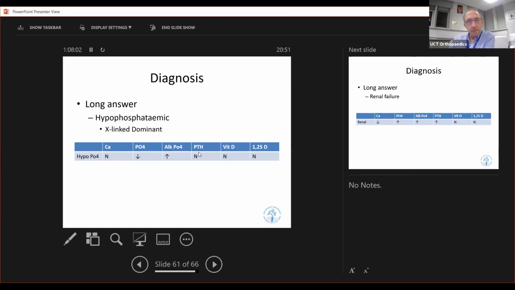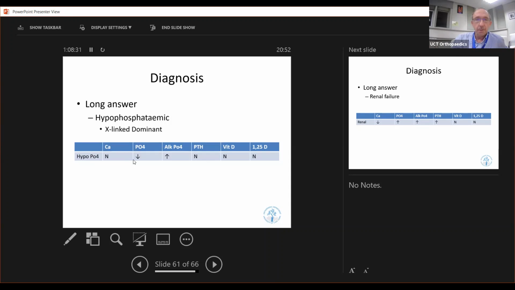And this one's quite nice because in hypophosphatemic rickets, there's no phosphate. You can't form your bone salts with calcium. Your calcium itself is going to be normal. There's nothing wrong with your calcium. And I really want to drag you across to your parathyroid hormone then, because it's one of the few rickets where your PTH is going to be normal.